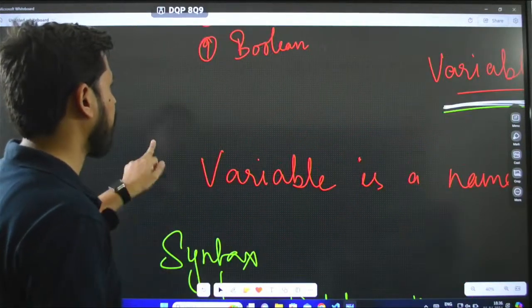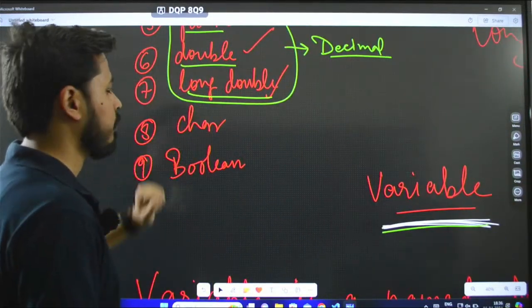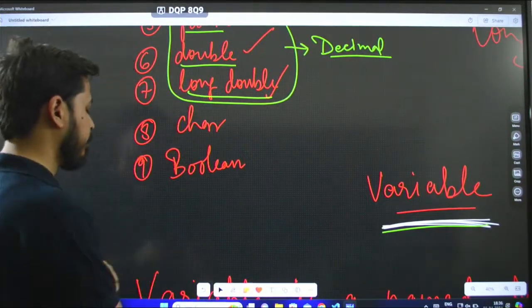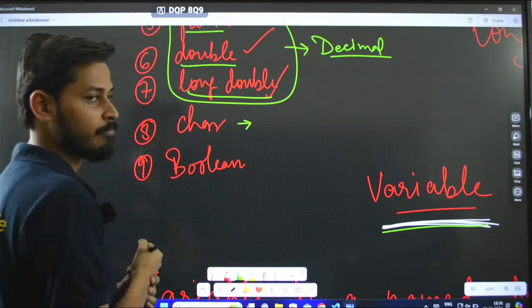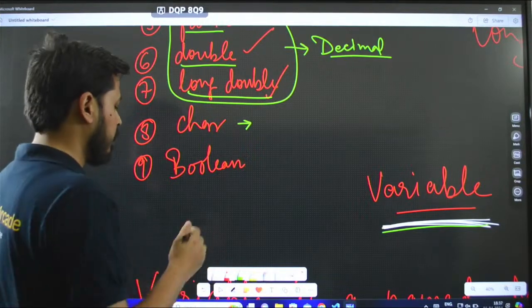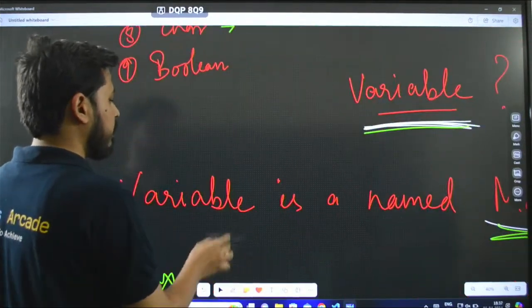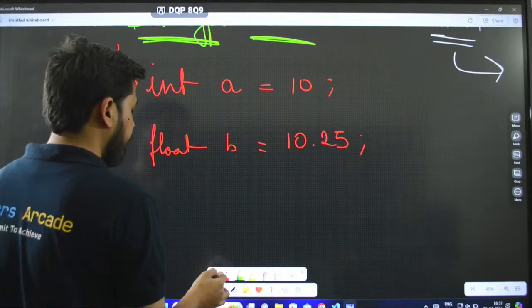Let's talk about another type. We have char. Char is character. This is not a number now. It is a character. The problem here is that a computer cannot understand an English word or a letter.